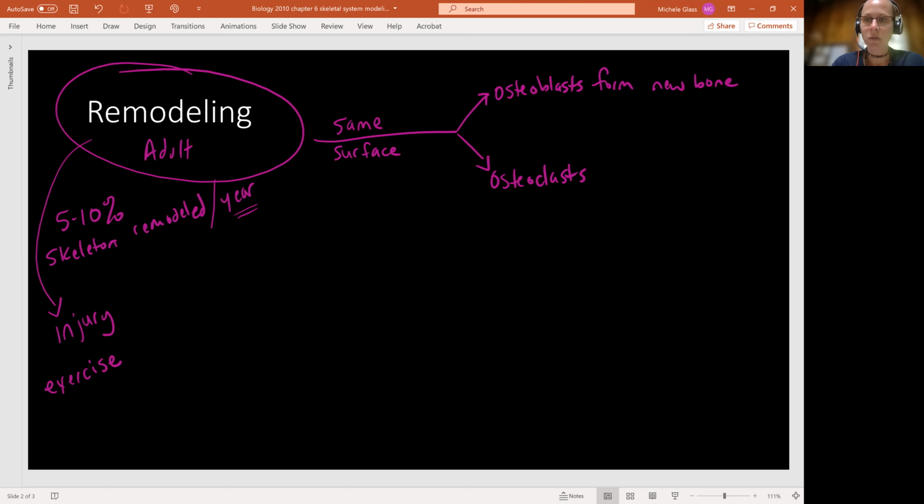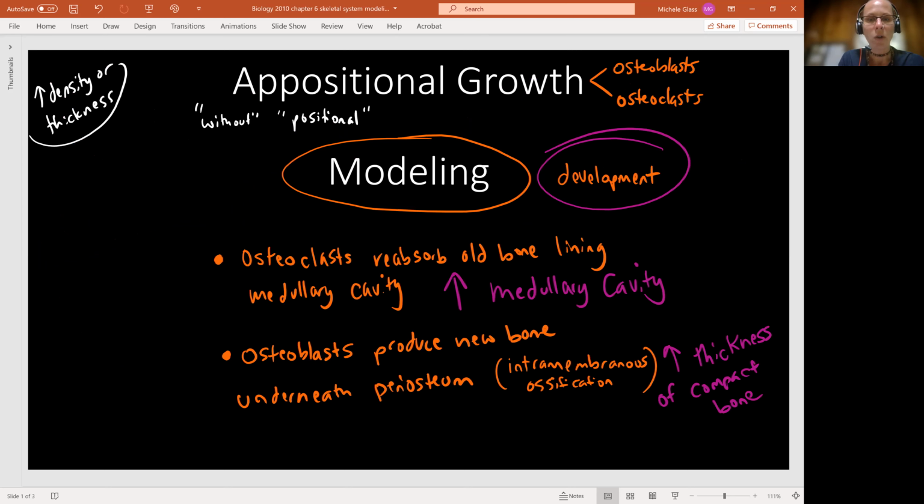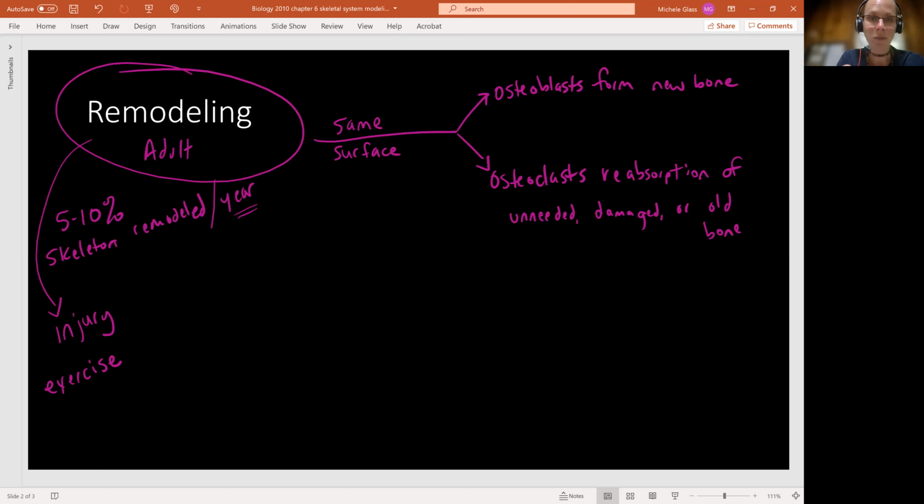And we can talk about that as reabsorption of unneeded, damaged, or old bone. So if we look back at our description of modeling, we see that modeling is a breakdown of the medullary cavity and building underneath the periosteum. And when we talk about remodeling, it's the same surface. So wherever you're breaking down bone, you're replacing it with some new bone. And so that's one of the things that's really significant.